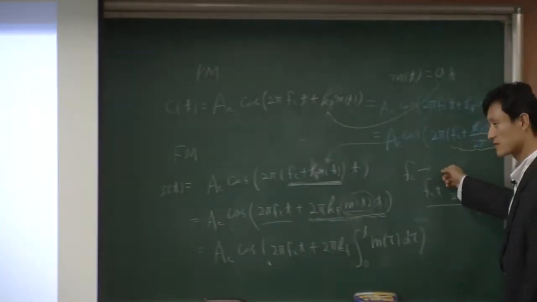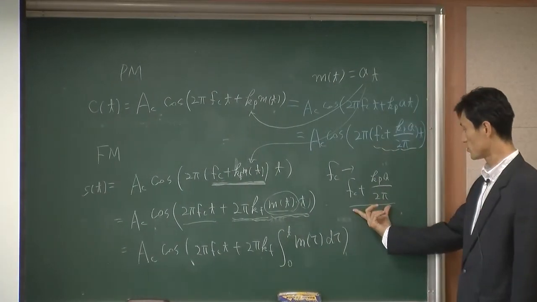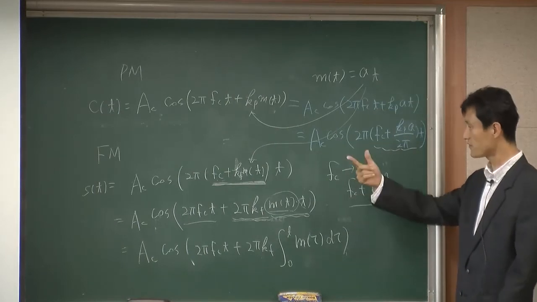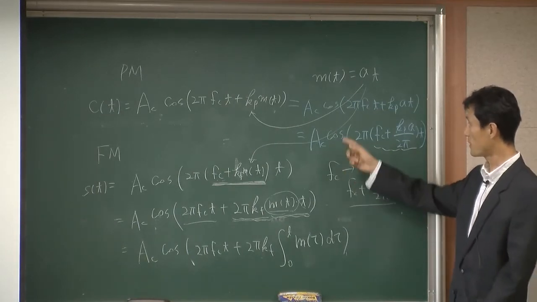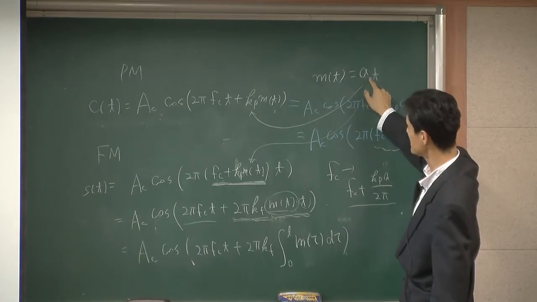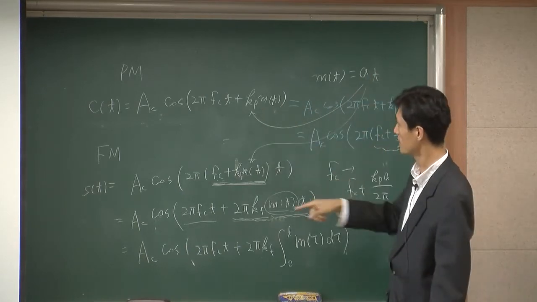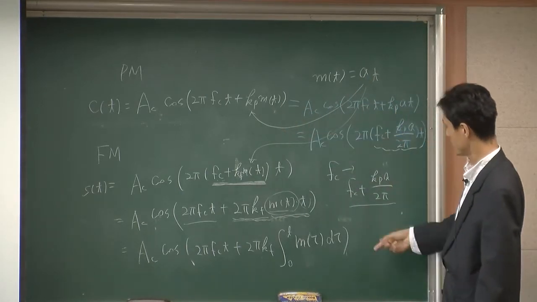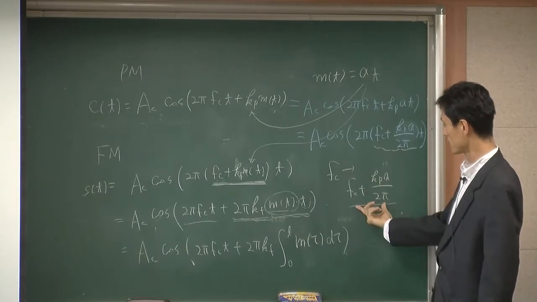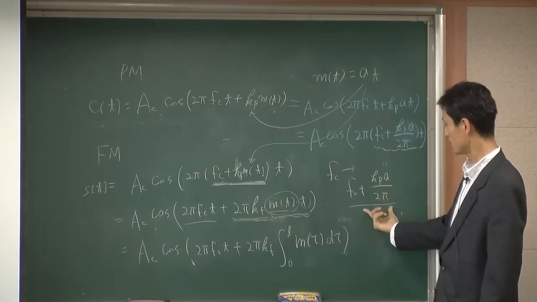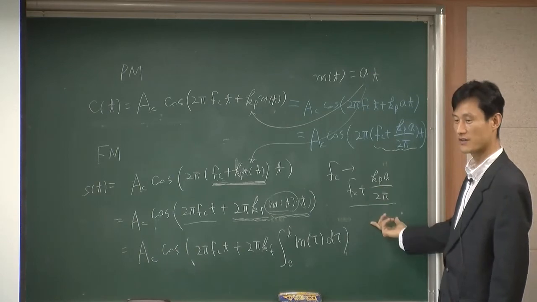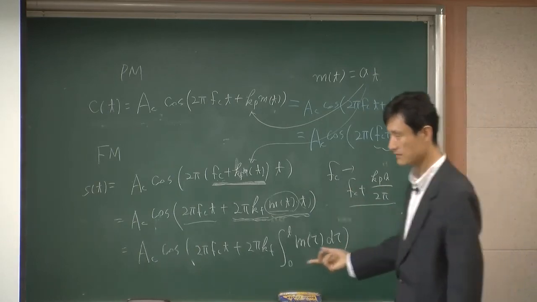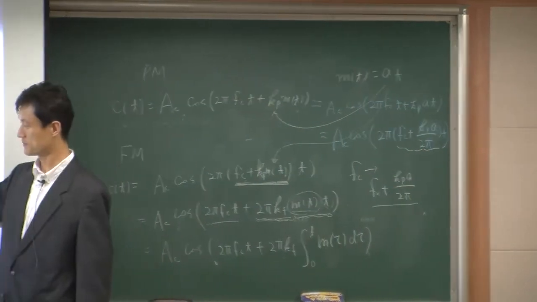Because of this. This is a new frequency. Your original frequency was f_c, but by adding this linearly increasing message into the phase part and rewriting it this way, the frequency is now changed and higher than before. That's what you see here.